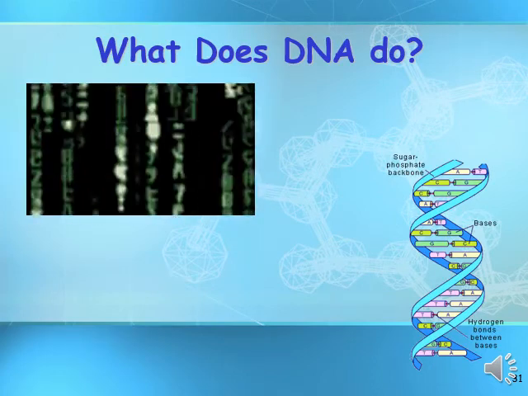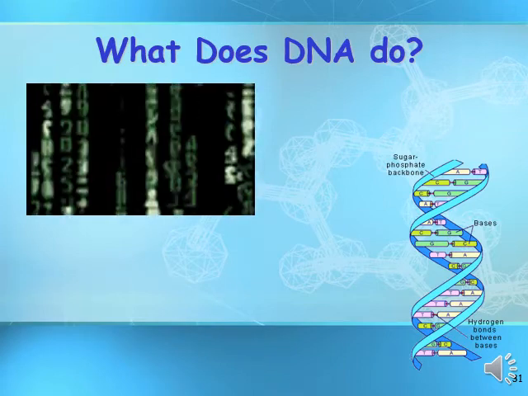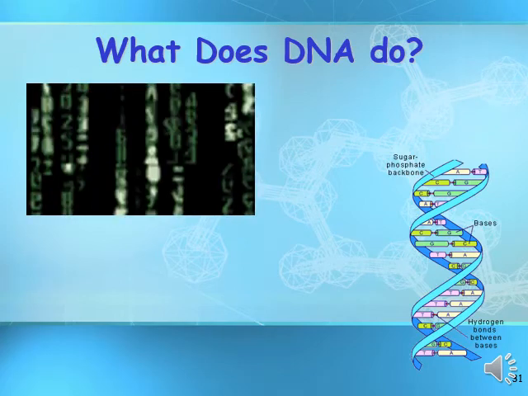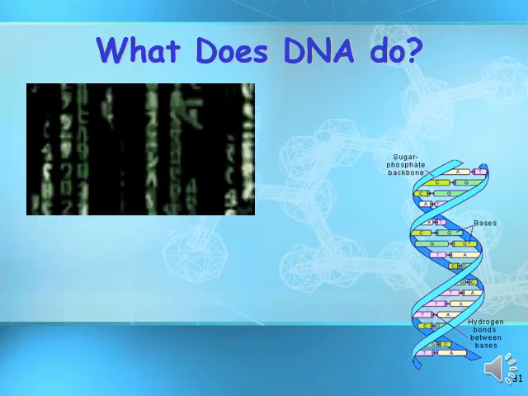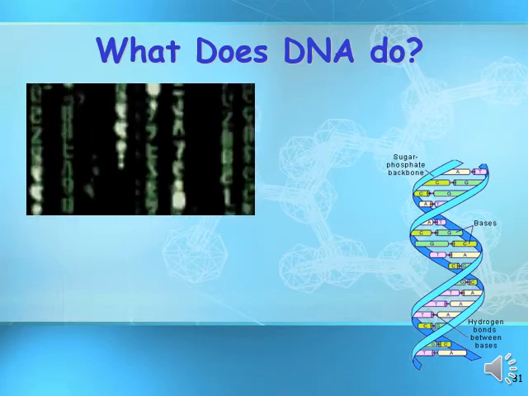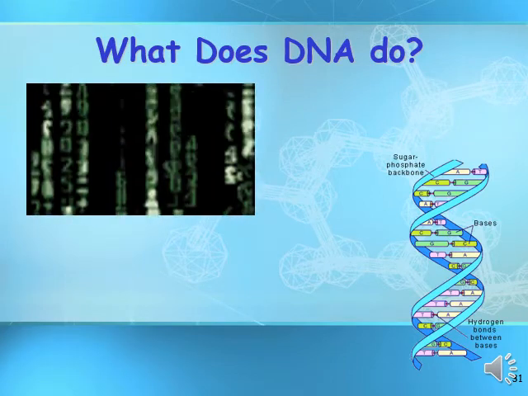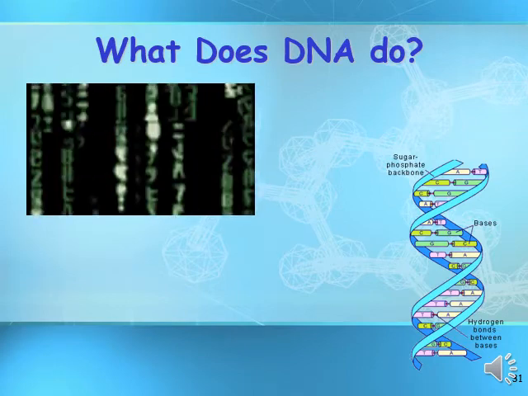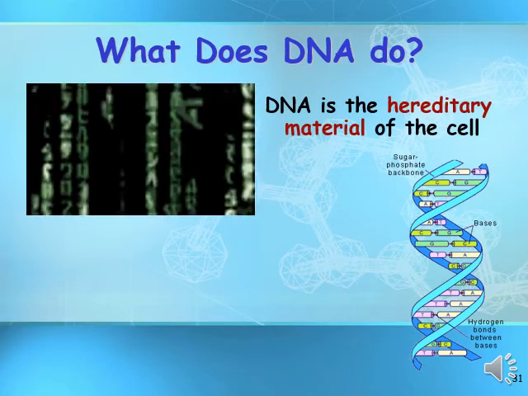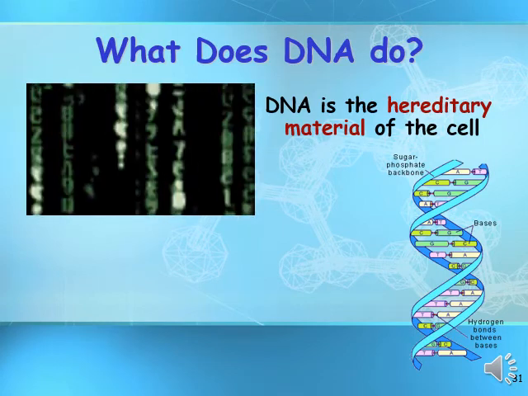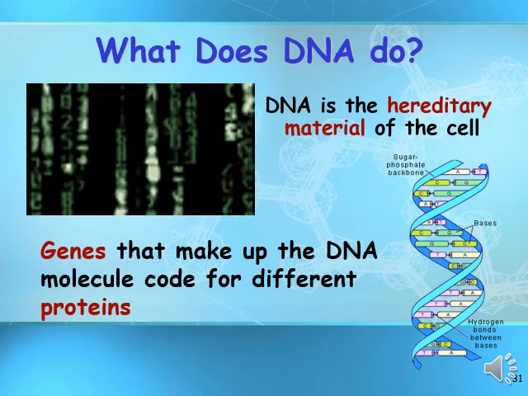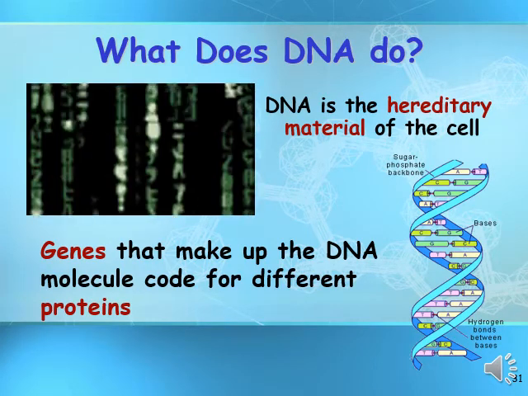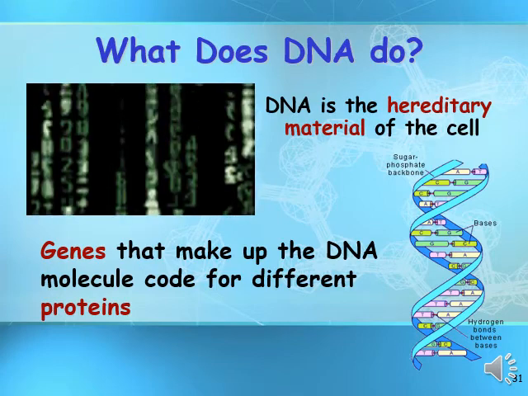They are antiparallel, constituted of pairs of nitrogen bases attached by hydrogen bonds through a backbone of sugar phosphate. DNA is the hereditary material of the cell. Genes that make up the DNA molecule code for different proteins. Different proteins are encoded by the genes.